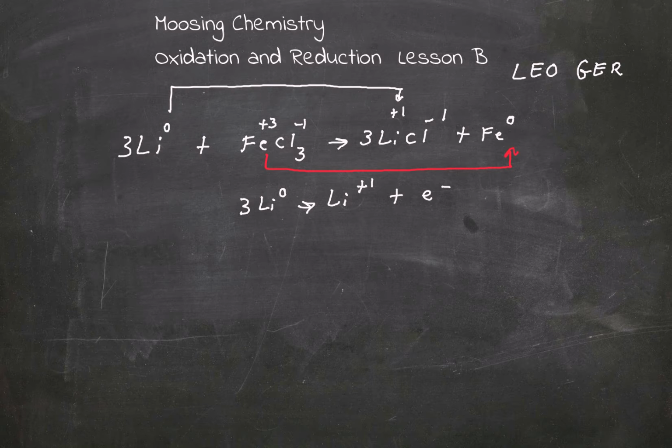So that means iron is going to gain electrons. So it's going to be its Fe +3 over here, plus 3 electrons, and that's going to give me Fe0.